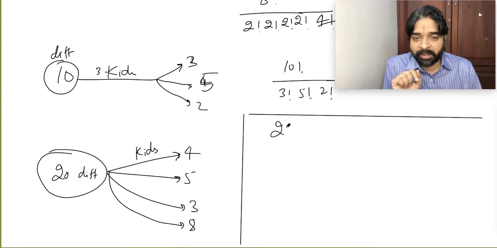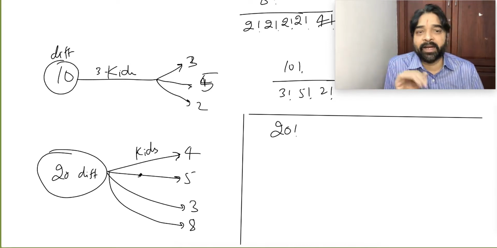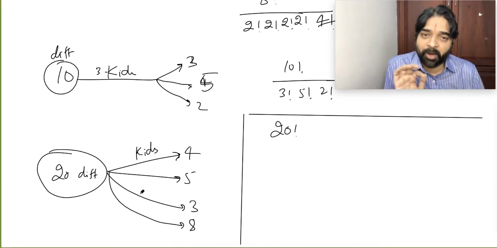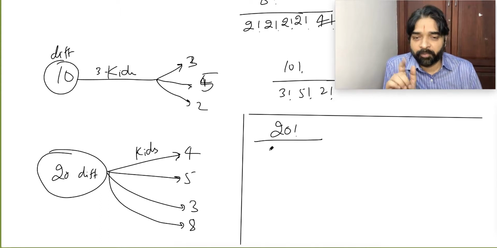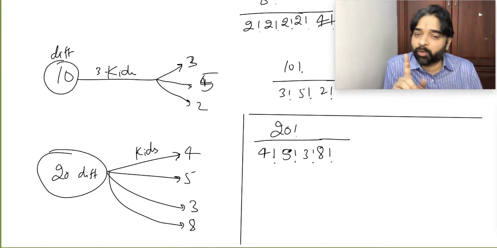What will be the answer? First, it's grouping. Yes, grouping. Size is predefined, 100% predefined. Order important. So first make the grouping. Grouping will be total objects factorial divided by the first group's objects factorial, second group's factorial, third group's factorial, fourth group's factorial. It's not an equal grouping, so we don't have to divide. Am I right?